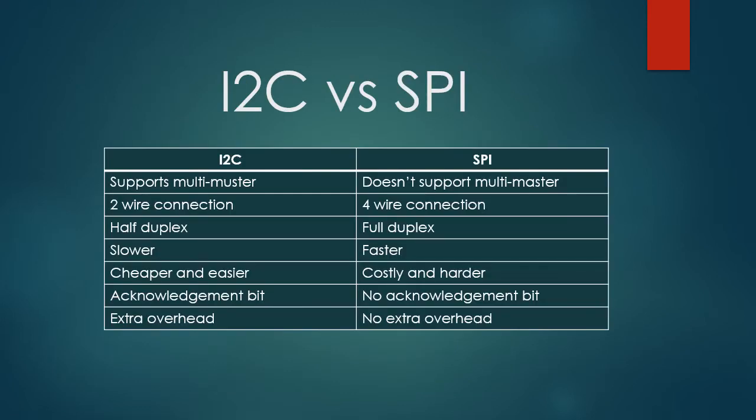Here are some of the differences between I2C and SPI. Only I2C supports multiple master devices. I2C uses just 2 wires for communication and SPI uses 4 wires.